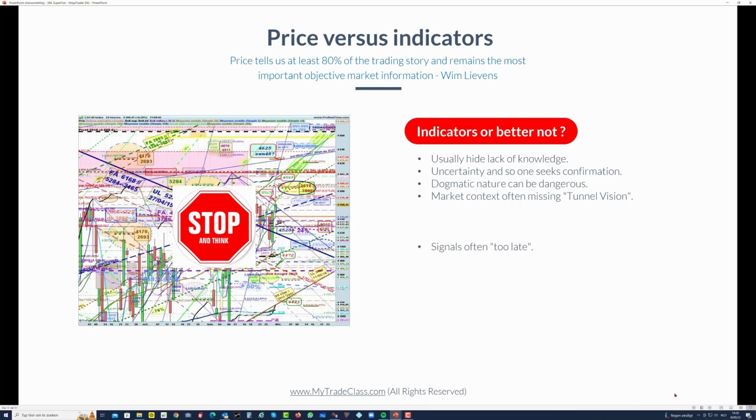It is very often because we're insecure, we seek confirmation. They very often have a dogmatic nature. Some of these indicators are trend indicators, others are oscillators. Some of these indicators even redraw. They lack context, so very often lead to overtrading. So I am not a huge fan.